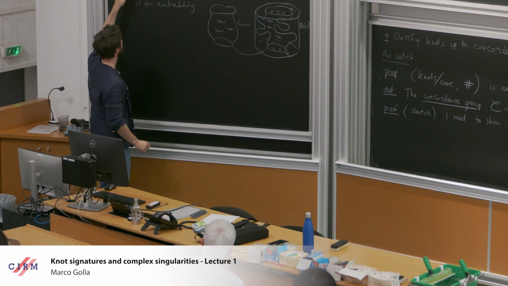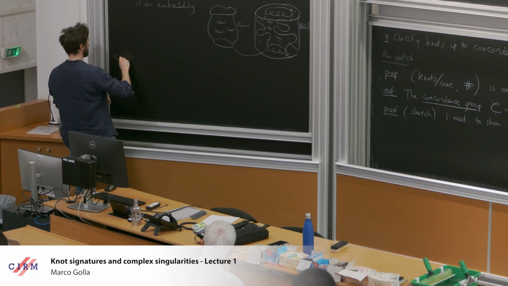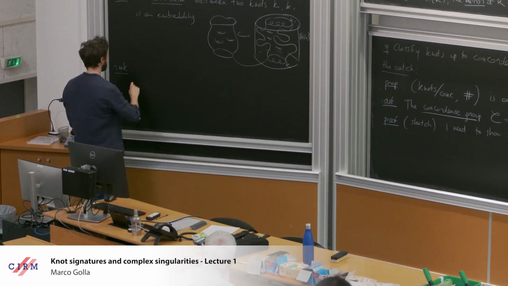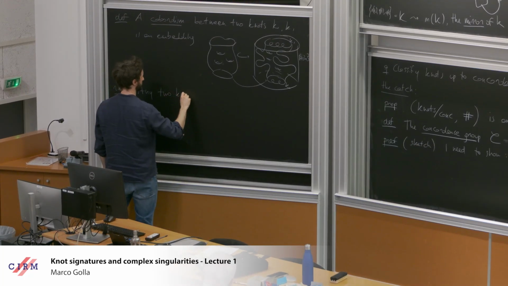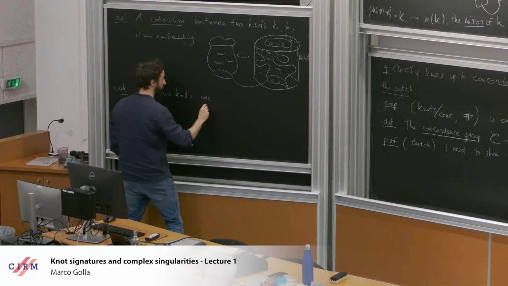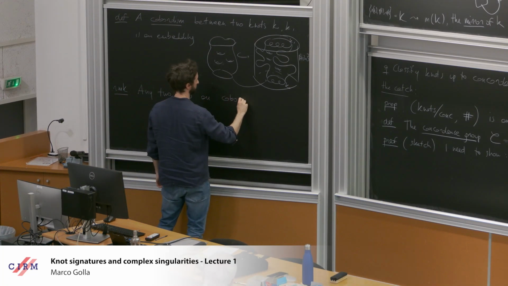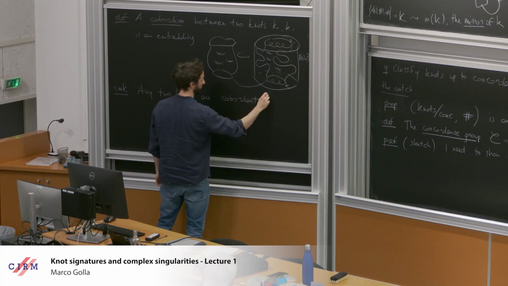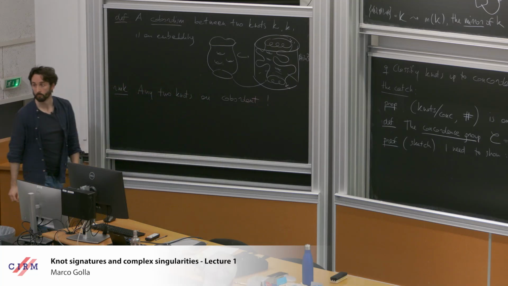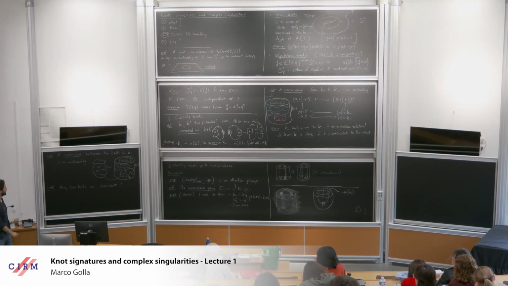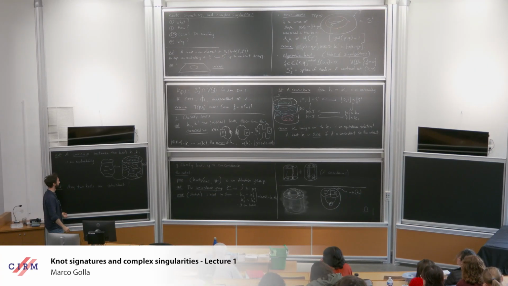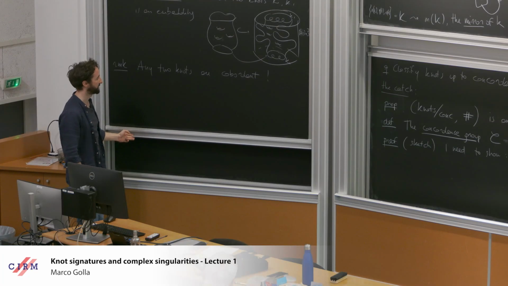And the remark is that any 2 knots are cobordant. Given any 2 knots, I can always find a surface that interpolates between. You can think about why, but there are many different proofs for that.